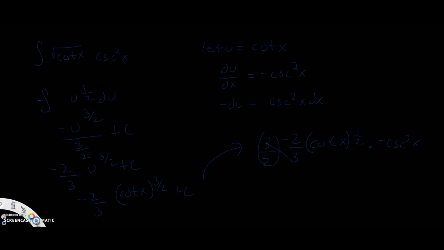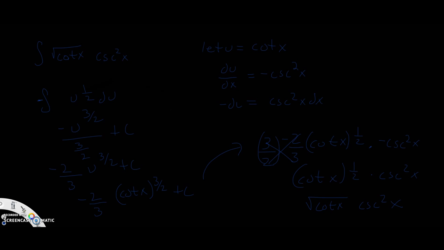So now this is going to cross out. That's going to give you a negative. Negative times a negative is a positive. So now you have cotangent of x raised to the 1/2 times the cosecant squared x, which is really the root of cotangent of x cosecant squared x, which is what we had up there.